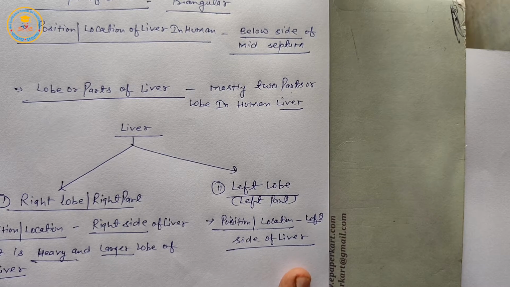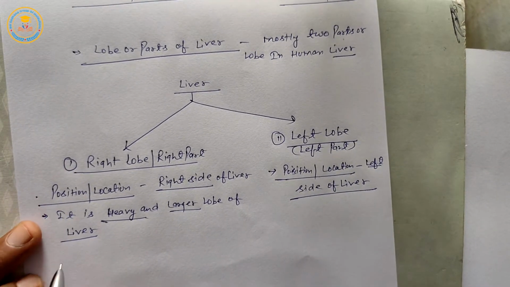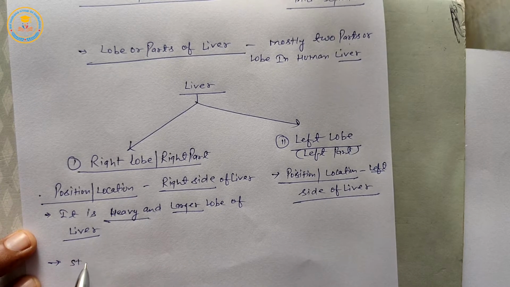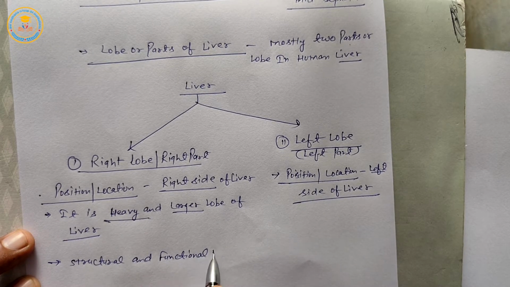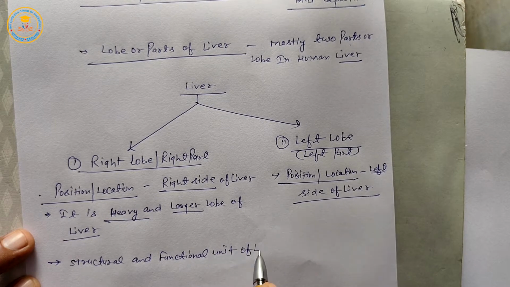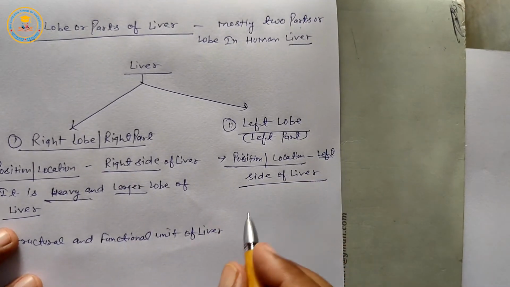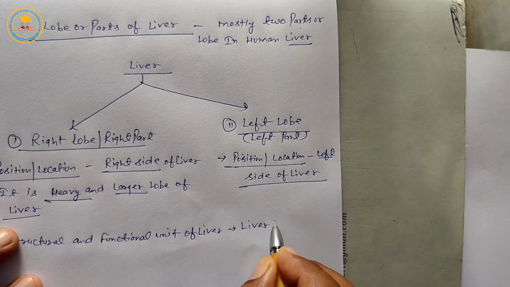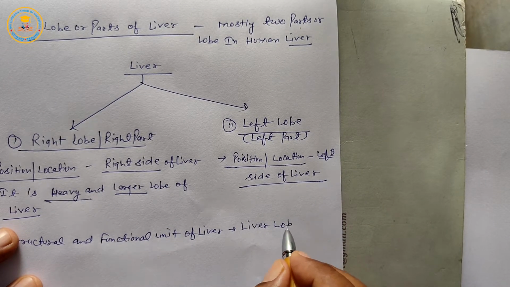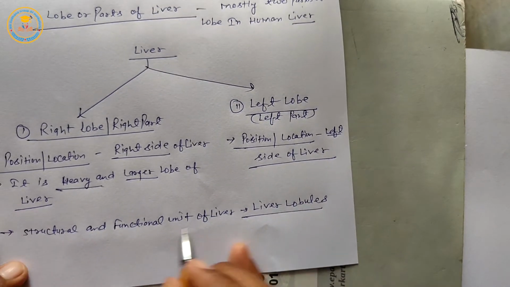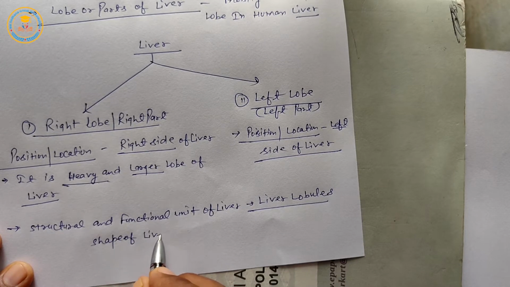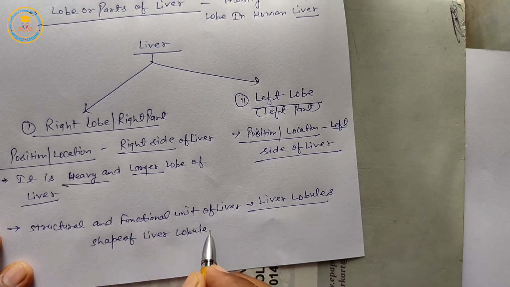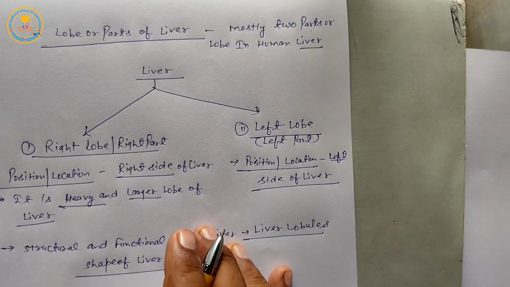Next is the structural and functional unit of liver. The structural and functional unit of liver is liver lobules. Next, the shape of liver lobules is hexagonal.